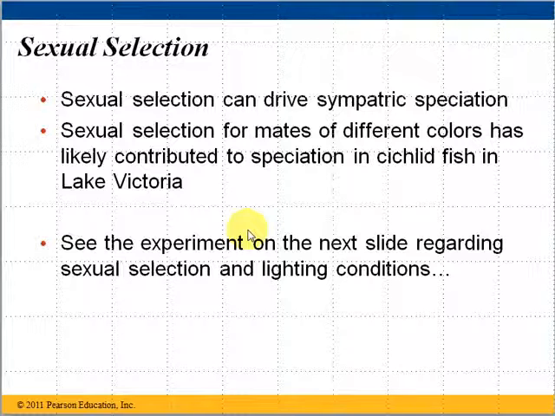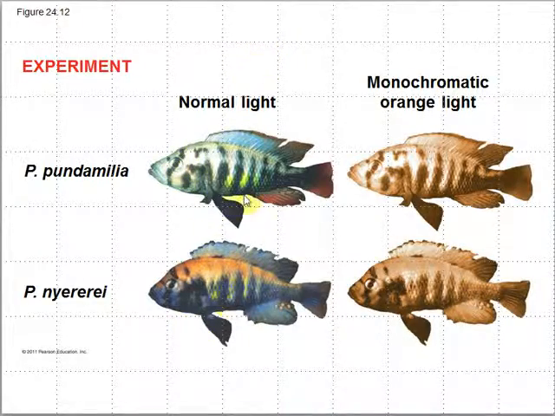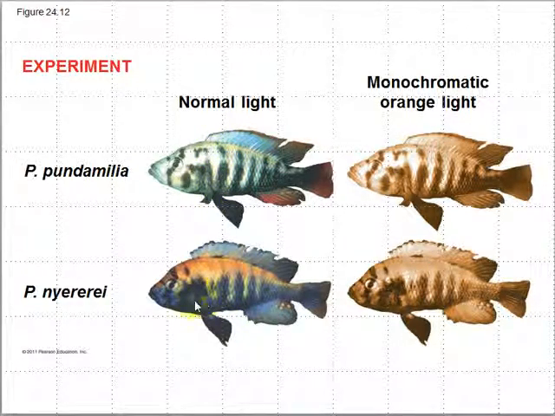So what happened was they took, say, 2 species, or 2 varieties, of this cichlid fish. And you can see how under normal light the males have a different coloration and the females very much prefer a particular coloration. So in this particular species, the females prefer the males that look like this, and in this species the females prefer the males that look like this, and so they don't usually interbreed with one another.